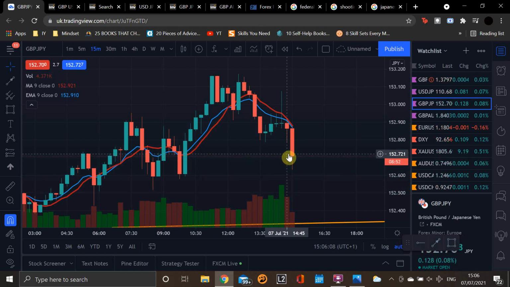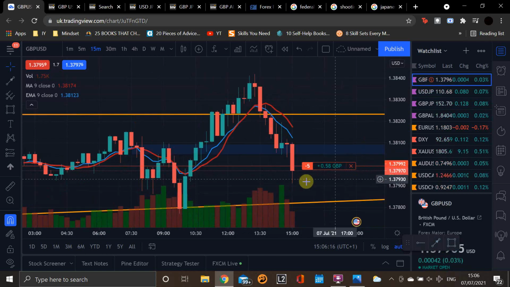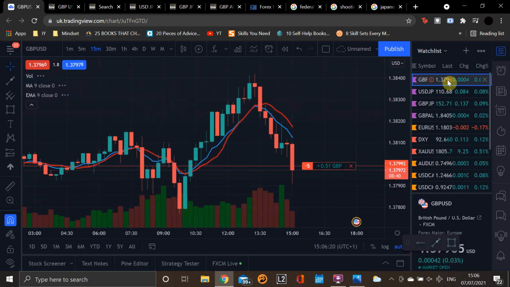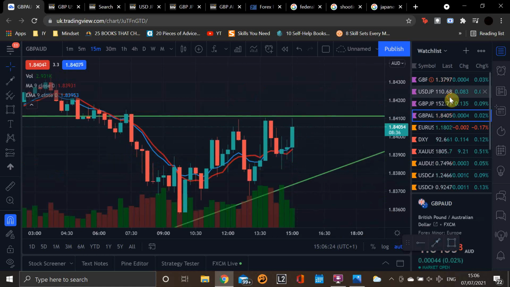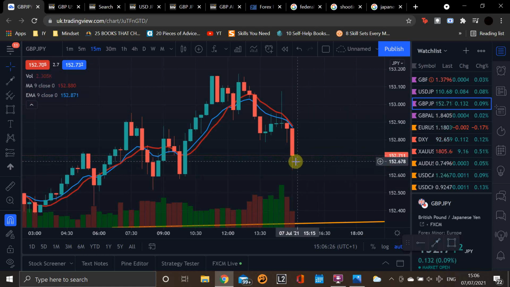Take profit for that area would have been here. Number 1, and 2. The Japanese yen is very strong at the moment. I really should have taken a trade on GBP JPY.